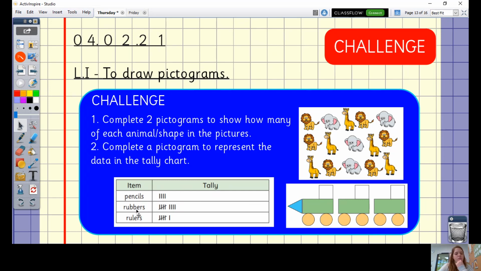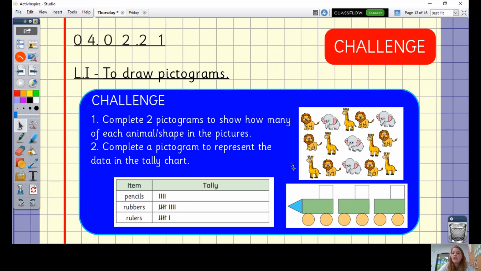So, for example, pencils, rubbers, rulers, I may choose that I want to have a symbol of a pencil pot, which I know is nice and easy to draw. So I could draw 4 pencil pots to represent the pencils, 9 pencil pots to represent the rubbers, and 6 pencil pots to represent the rulers. Don't forget to draw your key as well.